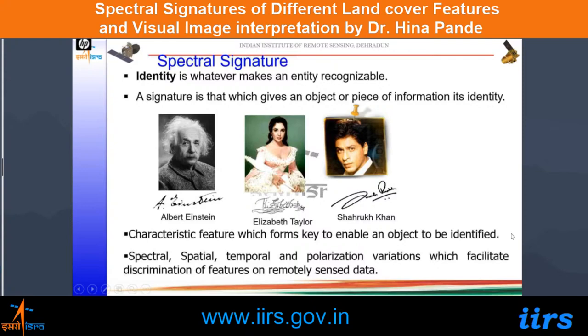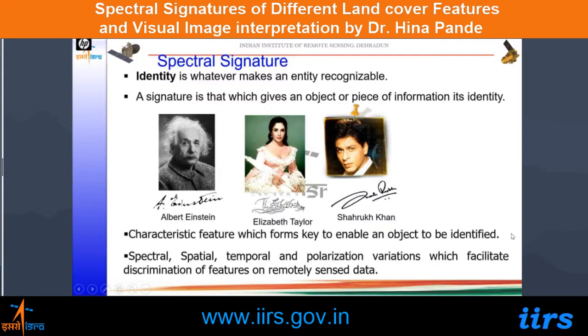A signature is something which gives an object or piece of information its identity. So if you go to the bank, you need to put your signature, and it is compared to the signature that is kept in the bank's library. If it's a match, then you are able to do your transaction.